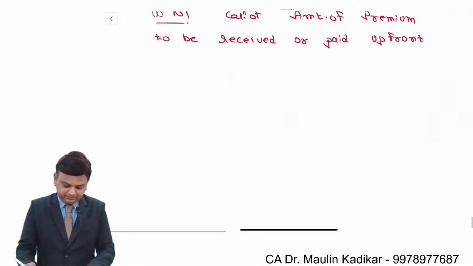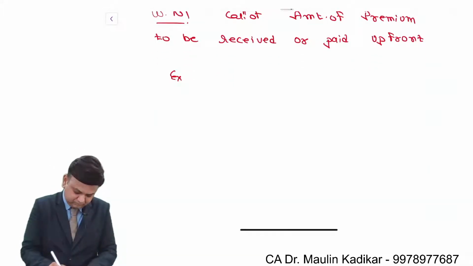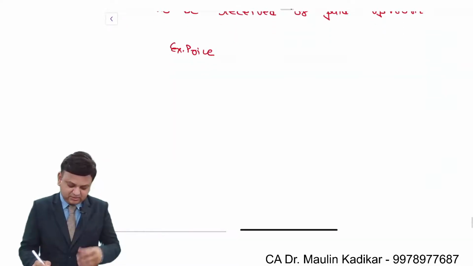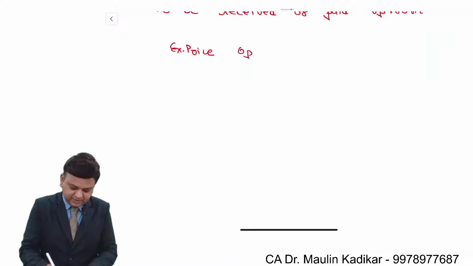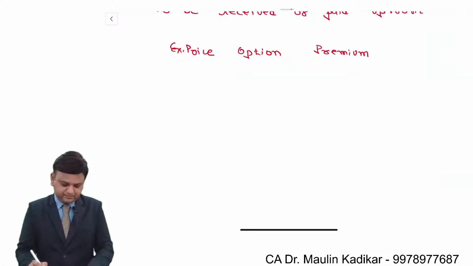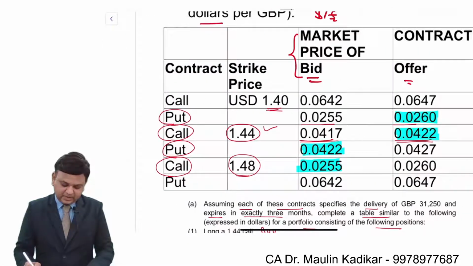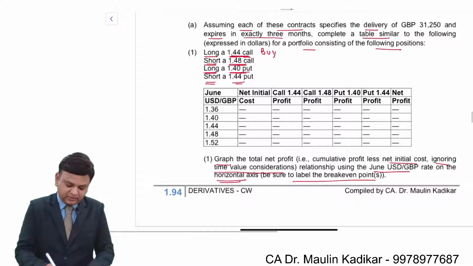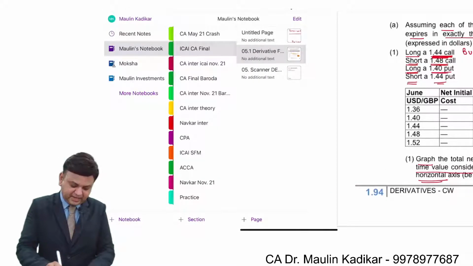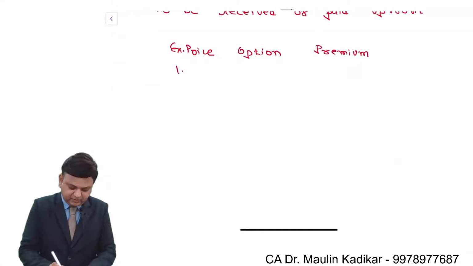In that, write down exercise price, option transaction, premium amount. The first is 1.44 call in that buy. 1.44 call option purchase.